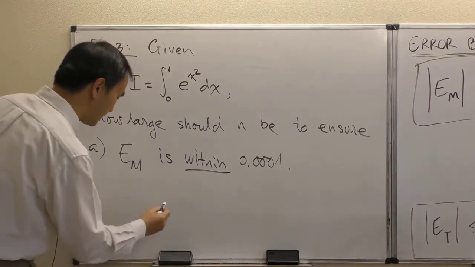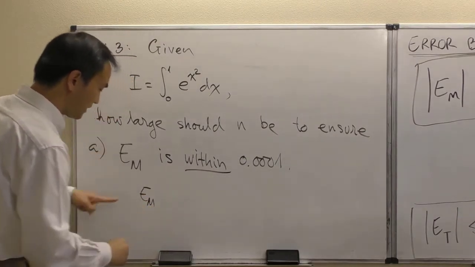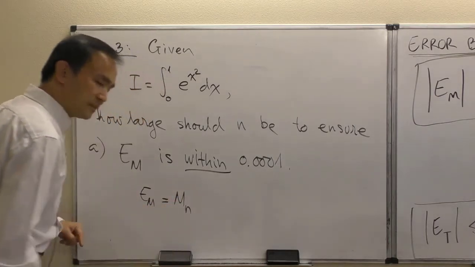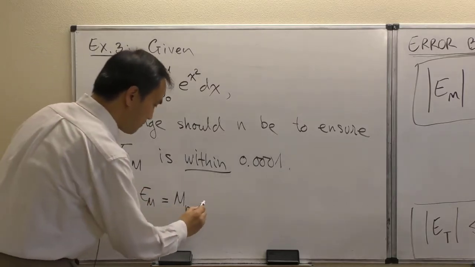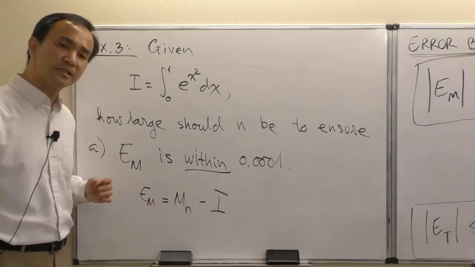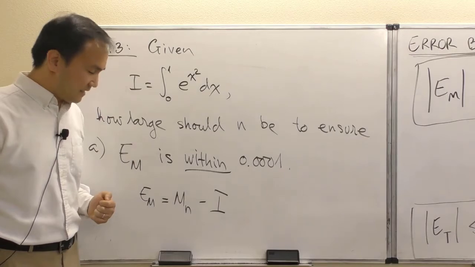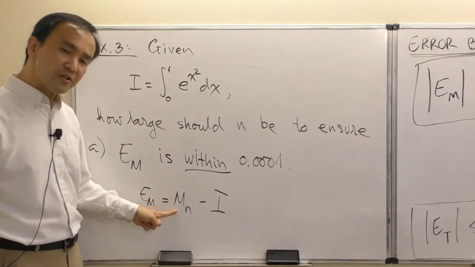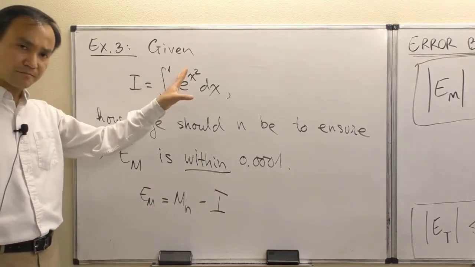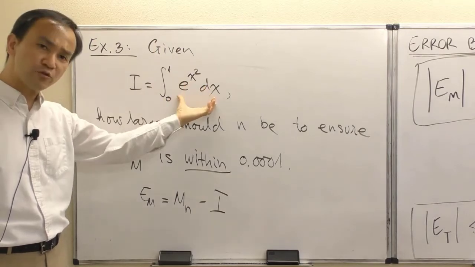So that means, again, EM, the error amount produced by the midpoint rule, is always the midpoint rule approximation at any number of subintervals minus I. That's right out of the box. That's what the error amount is: the difference between the approximated value and the actual answer. And again, I'm asking you to pretend from scratch that we don't know the actual value here.